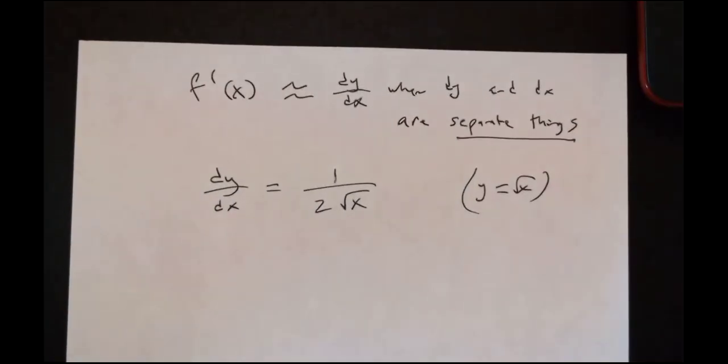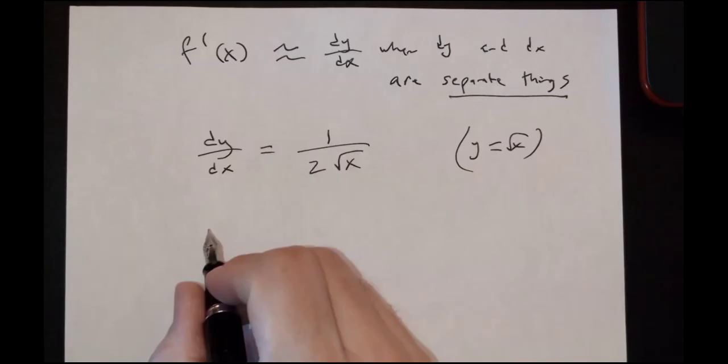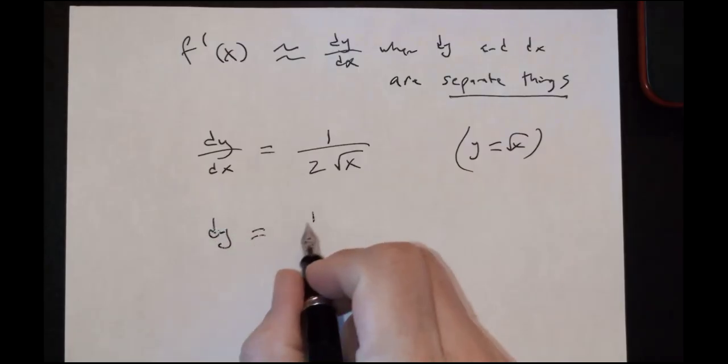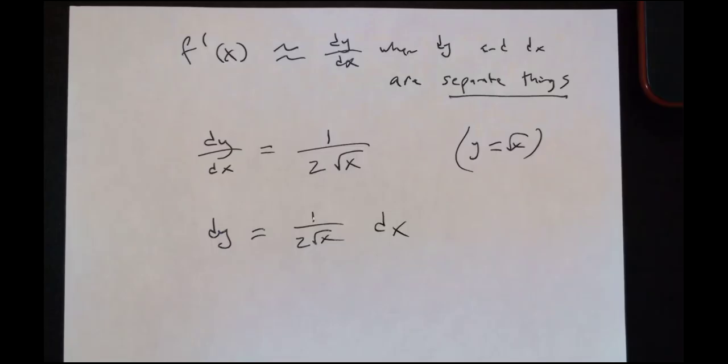And the derivative is 1 over 2 root x. But if I think of dy and dx as separate ideas, I can think of measuring the change in y based on the change in x. That's what a slope does, right? So let's rewrite this and write dy is 1 over 2 root x times dx.